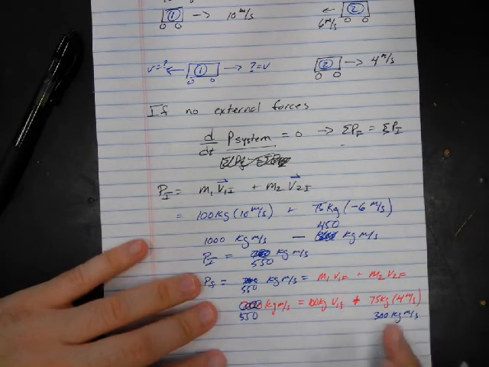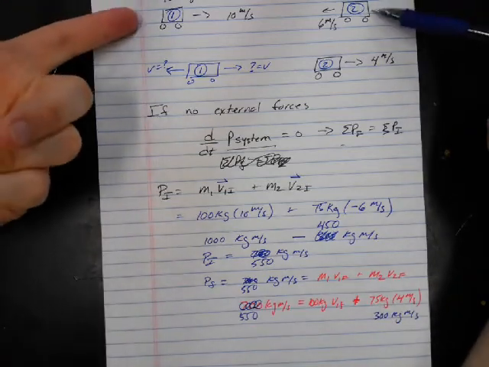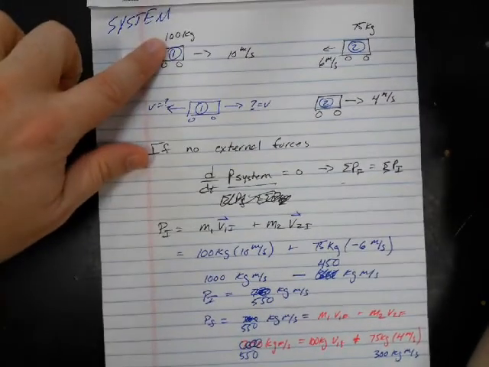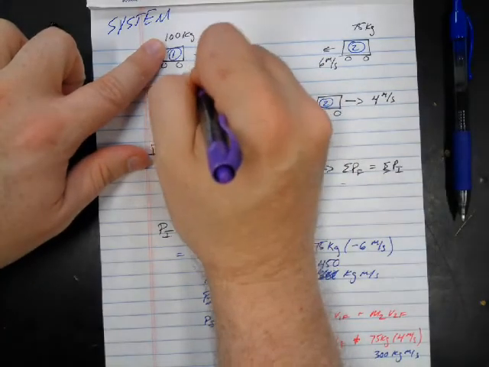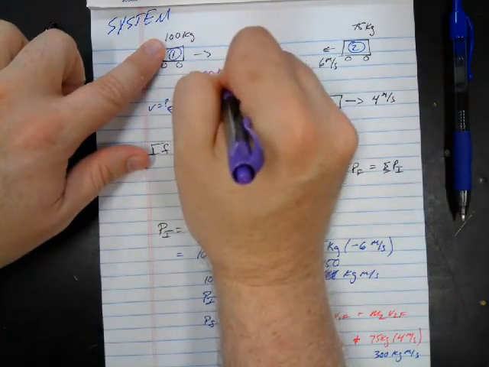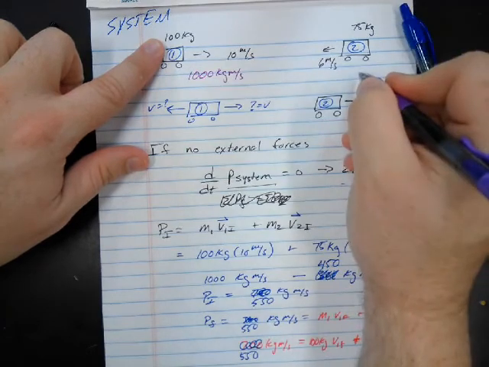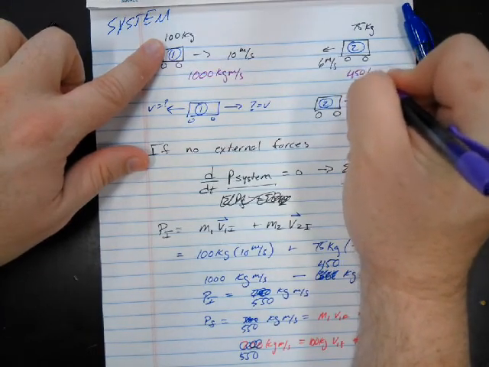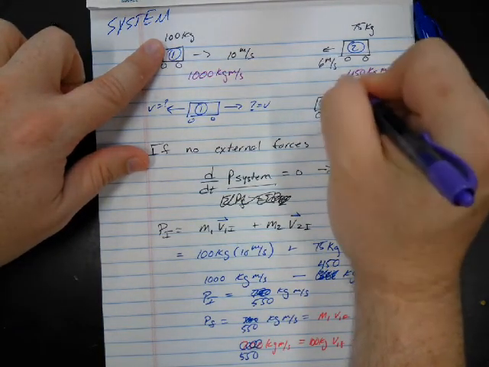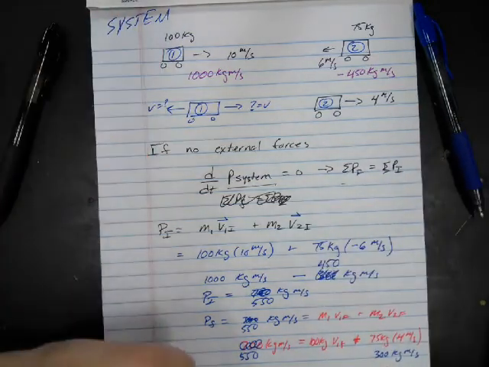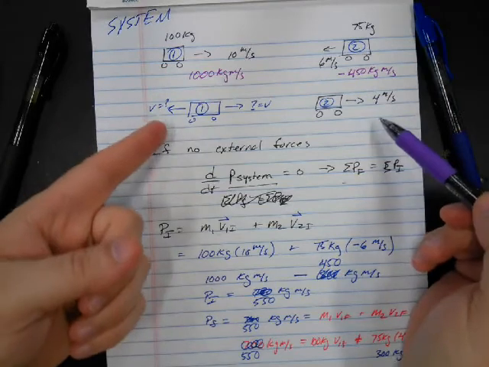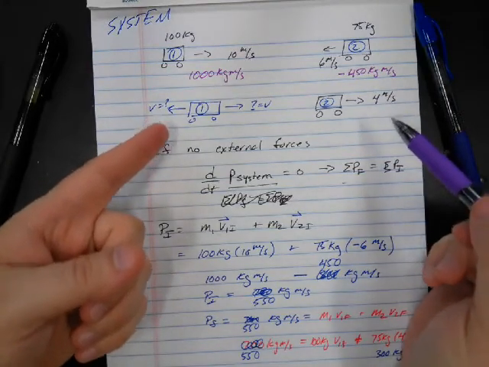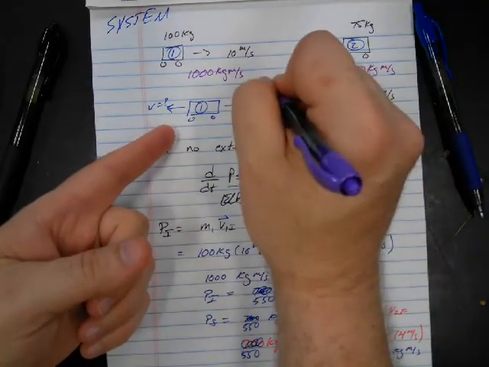So what it is, there's a total momentum here. This thing has, let's put it in purple, 1,000 kilogram meter per second. This thing has 450 kilogram meters per second with a minus sign because it's going to the left. So between the two, there's 550. Between these two, there must be 550.